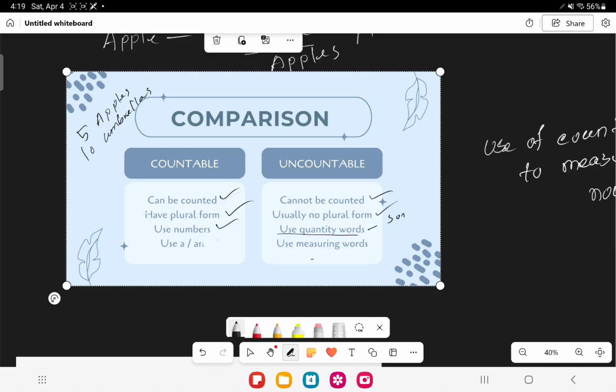Quantity words: some, much, a little, like that. And we use a or an before a countable noun if it is singular, and we use measuring words to measure uncountable nouns.